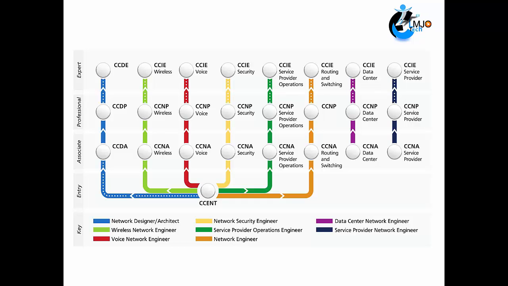Anyone who is trying to get into Cisco, or wants to learn Cisco, really needs to understand the certifications and the different certification paths, because that's how you select your specialization, or which part you want to be an expert in.